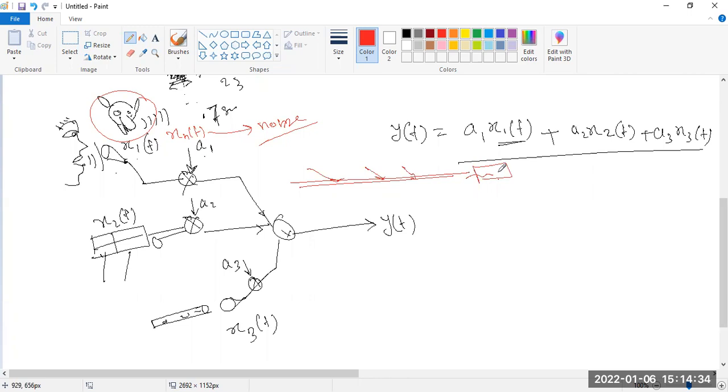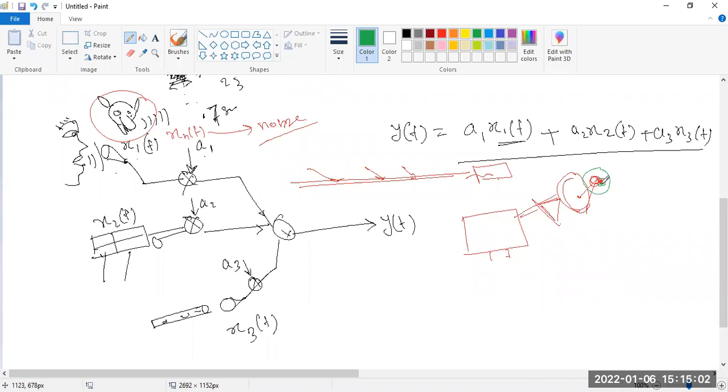Just like your TV, if you remember your TV set, there is a dish antenna. Something like a torch, a cup, this type of thing is there in your dish antenna.